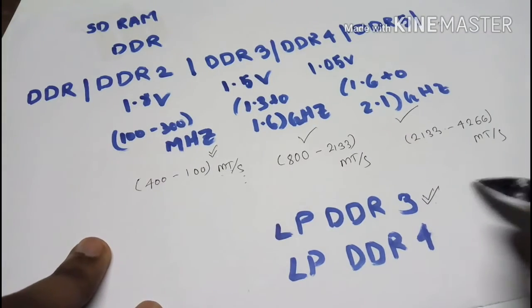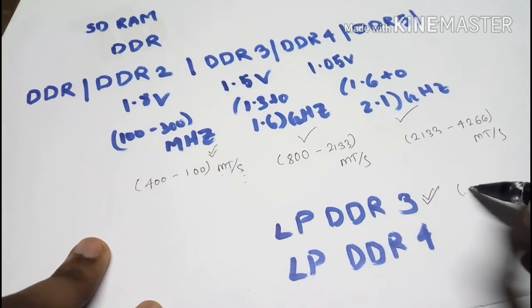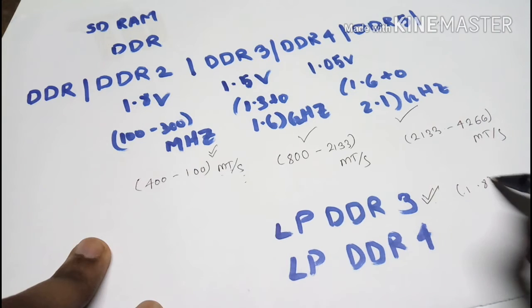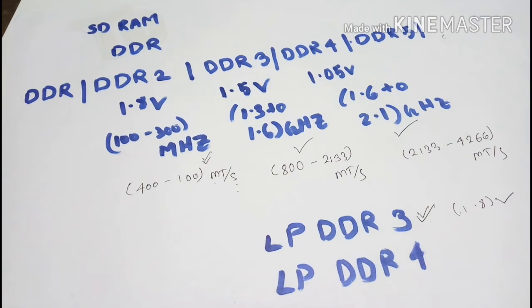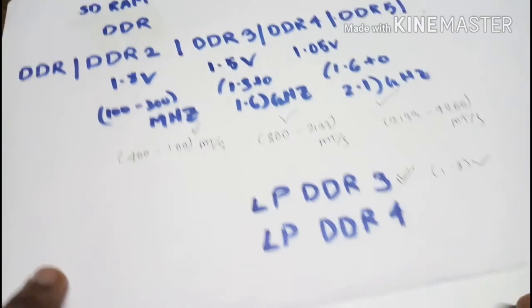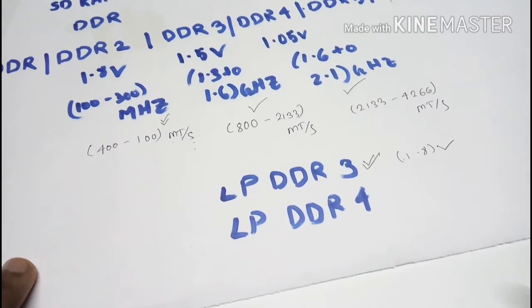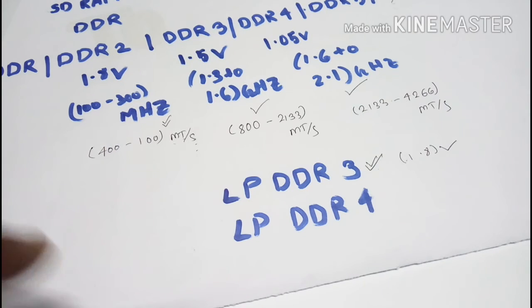Now the advantage is that this low power DDR RAM can work from around 1.8 volts, okay, and it has temperature compensated refresh, which means at low temperature this RAM needs to be refreshed much less often.